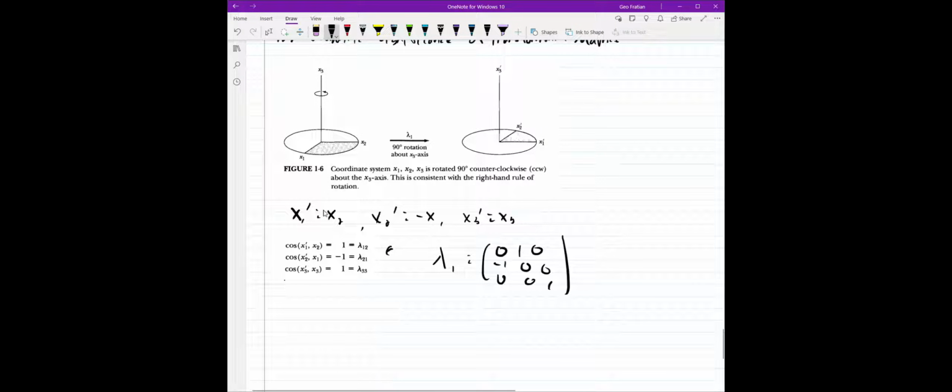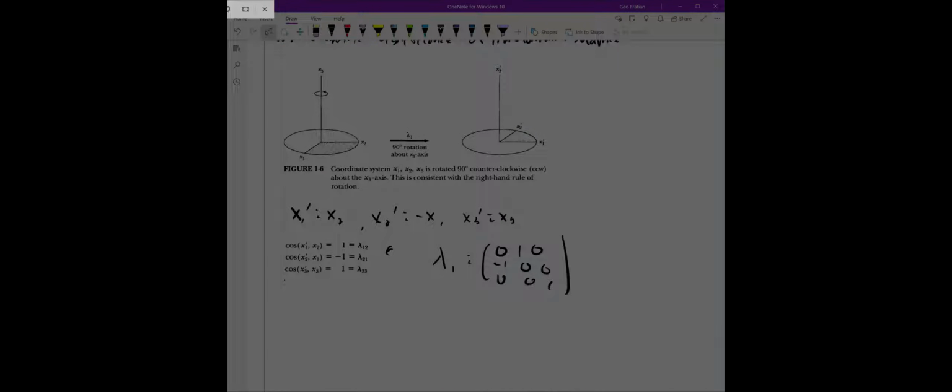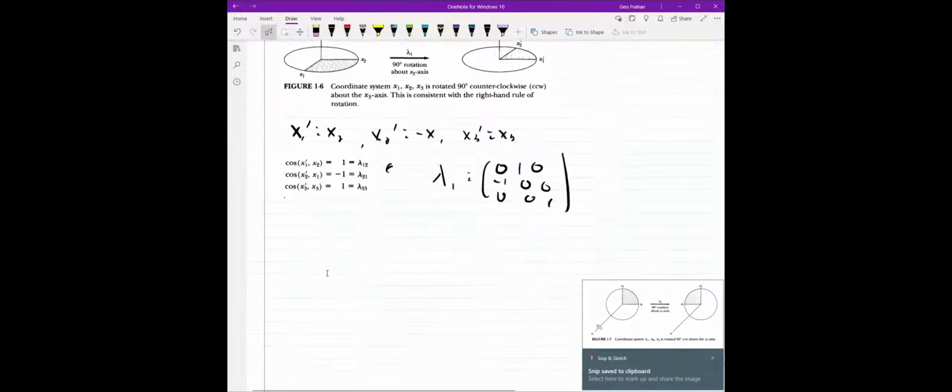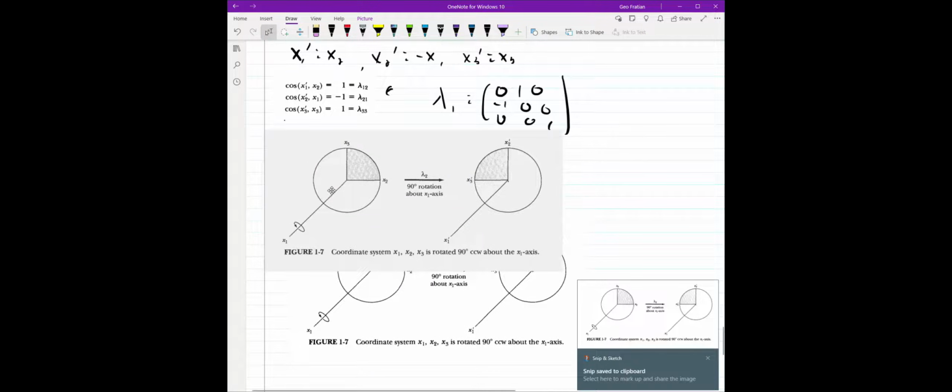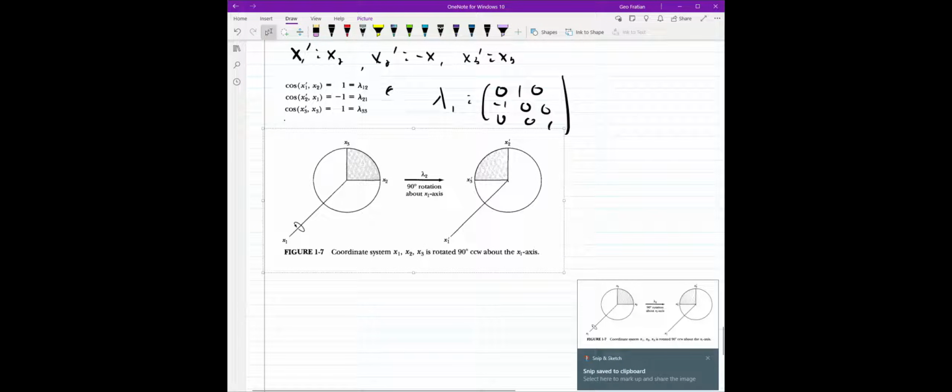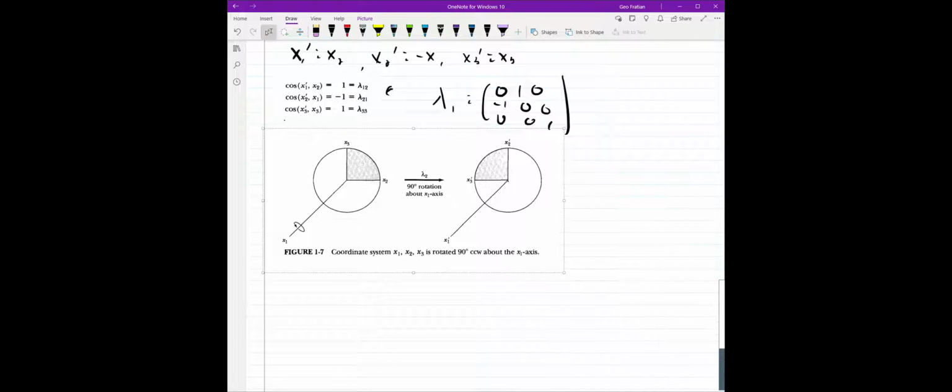Now let's consider a counterclockwise rotation about the x1 axis, as in figure 1.7. So let's show that again. Notice we're rotating around a different axis this time. We want to see how that changes our matrix. So we can now write x1 prime is equal to x1, x2 prime is equal to x3, and x3 prime is equal to negative x2.